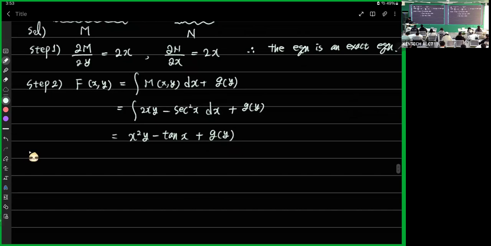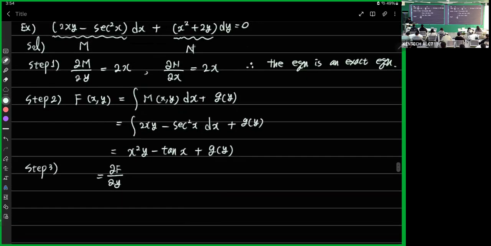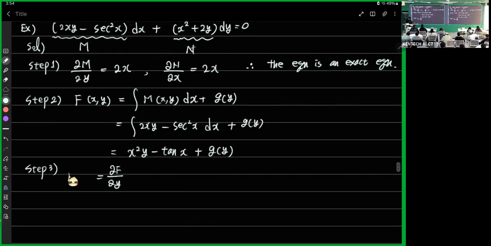Now step 3. We're going to find out g of y. To find g of y, we take the derivative of both sides with respect to y. So partial f, partial y is equal to N, right? N of x comma y is given in the problem, x squared plus 2y.